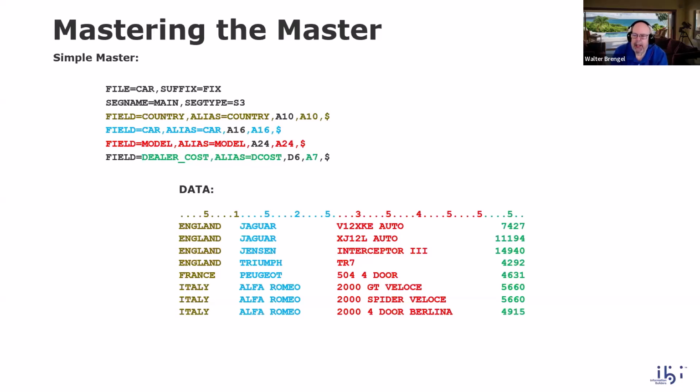That's identified by the A10. The first A10 is the usage. How am I using this field in WebFOCUS? I'm using it as an alpha of 10 characters. The second value is the actual, which is how it's actually stored in the physical file. So the first physical 10 characters are read and become part of the country. And I just color coded it so you can see what goes into which column.